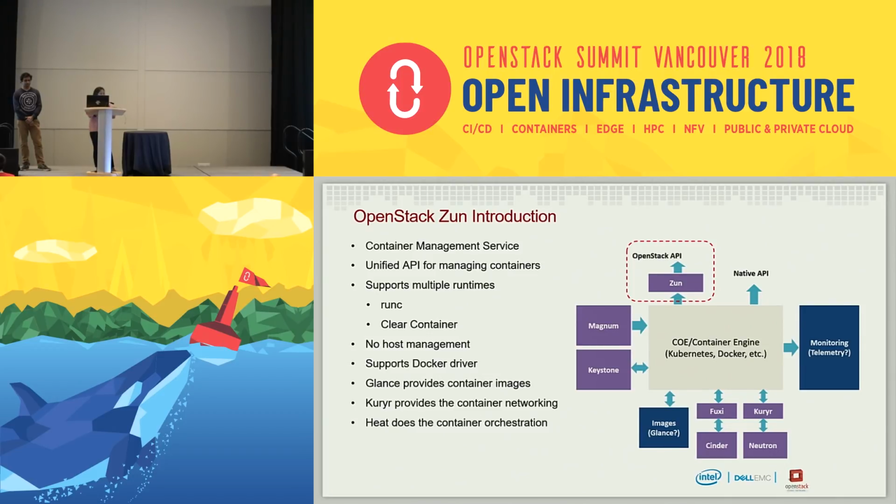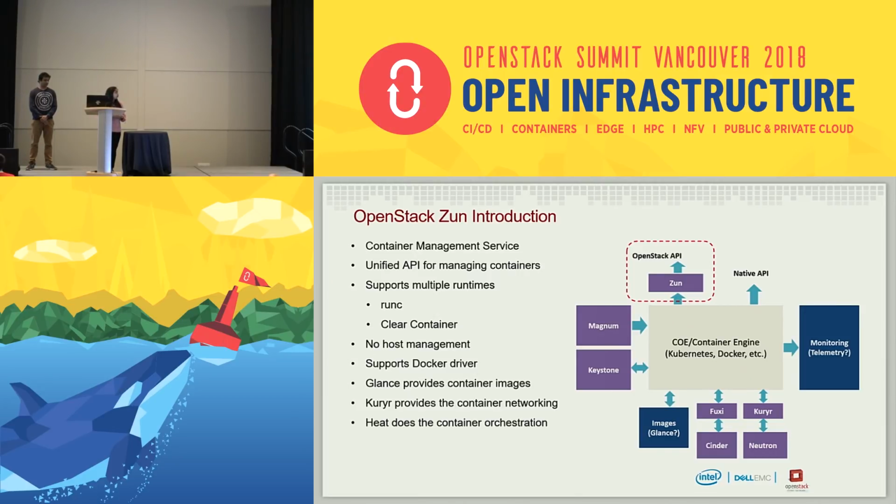This is the backend which we use for Zun. And we finally have a Zun service which will provide you the API to run containers on the OpenStack ecosystem. So this is how OpenStack Zun is placed among different components, using other components of OpenStack to provide you a unified API for running containers on top of OpenStack.